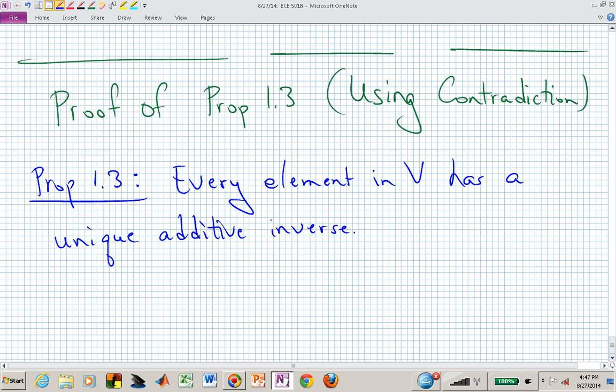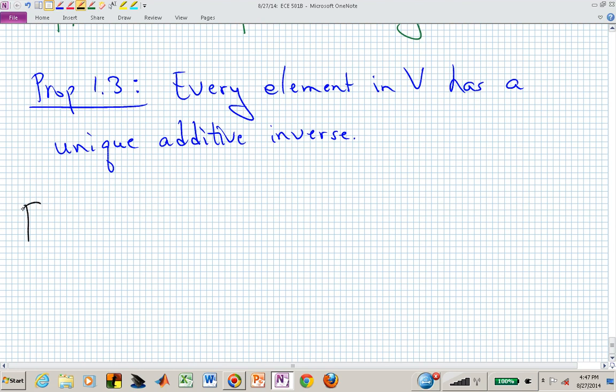Proposition 1.2 said that the additive identity was unique, right? So proposition 1.3 says you give me an element, any element, for every element in V, that element has a unique additive inverse. Proof. And we're going to use contradiction.